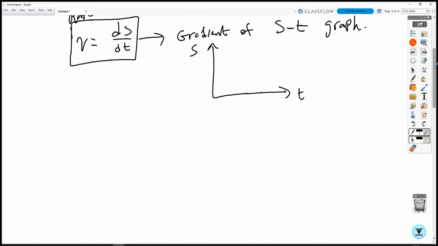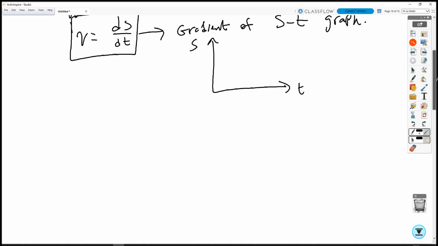Next, we'll define acceleration. We've done velocity just now. Or we'll do some examples first.